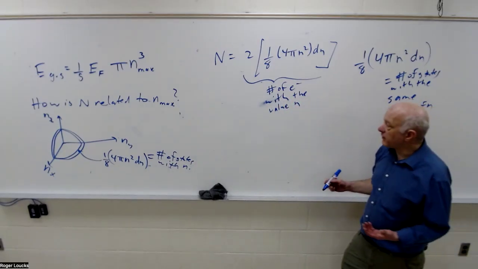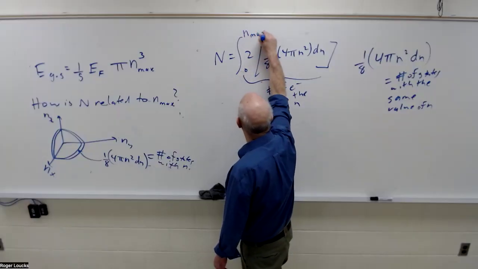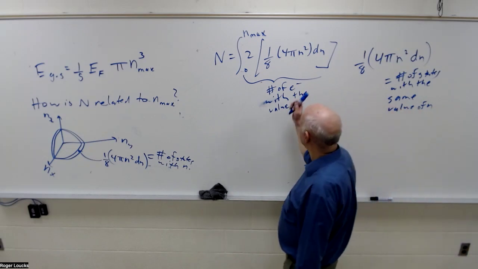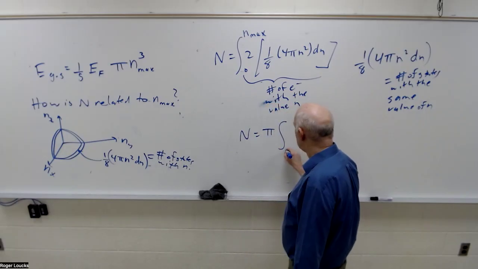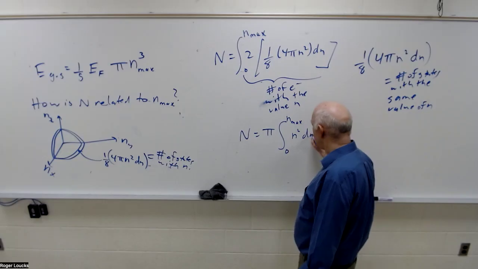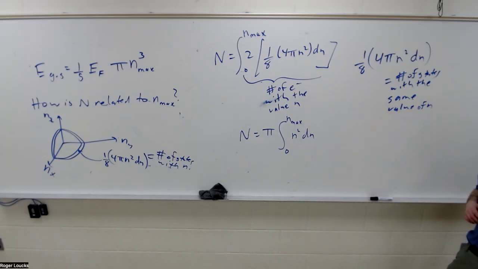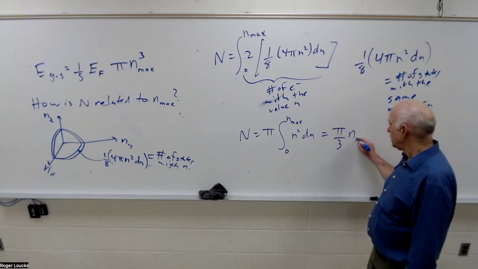Well, the total number, if I sum these up from 0 to n max, what does that give me? All the 8s go away. I can pull out the pi. What do we get? 1/3 and 2/3. It's going to be pi over 3 n max cubed.